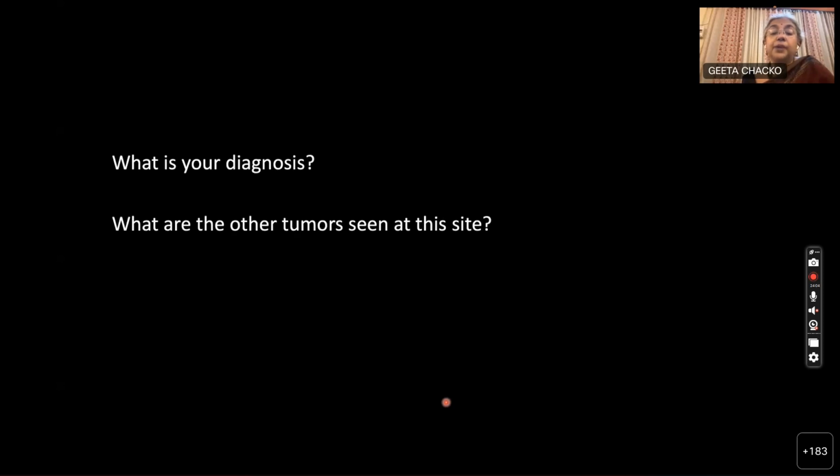So in this suprasellar region, what are the other tumors that you can see? In the suprasellar region, ma'am, pilomyxoid astrocytoma we can see. Okay. Then any other non-glial tumors? Anybody else?